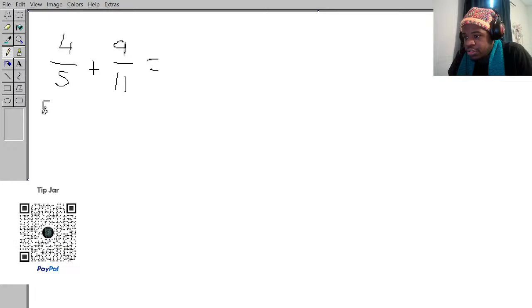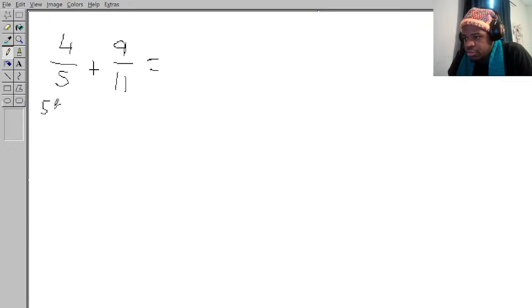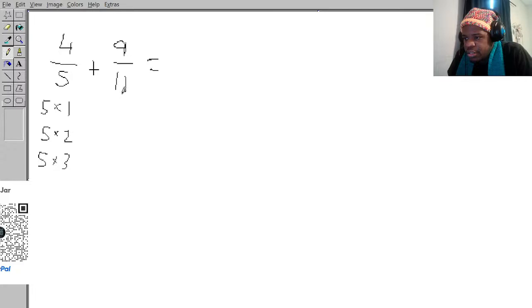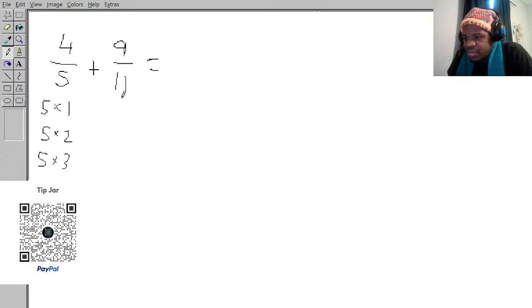So the correct way to do this is you start to do your multiples for 5. So 5 times 1, 5 times 2, 5 times 3, you know, all the way till you want to make it until the next number.